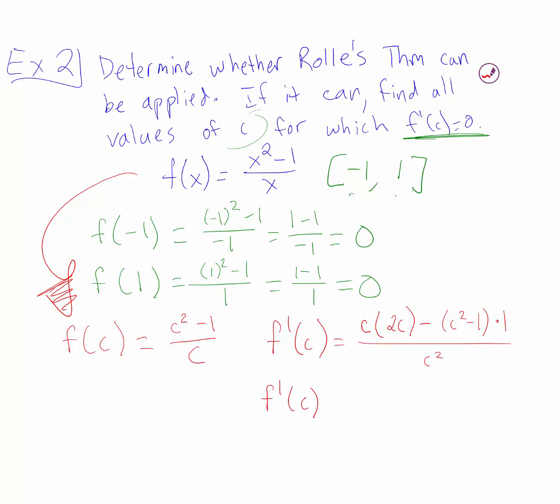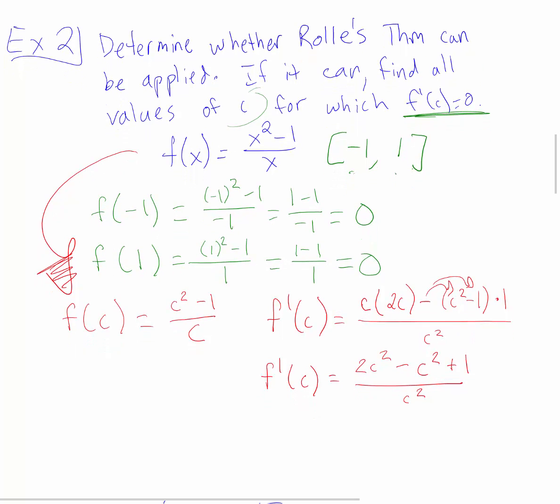So c times 2c is 2c squared minus, distribute that negative sign, so minus c squared plus 1, over c squared, and that's going to give us 2c squared minus c squared is c squared plus 1 over c squared, which is equal to 0, right?